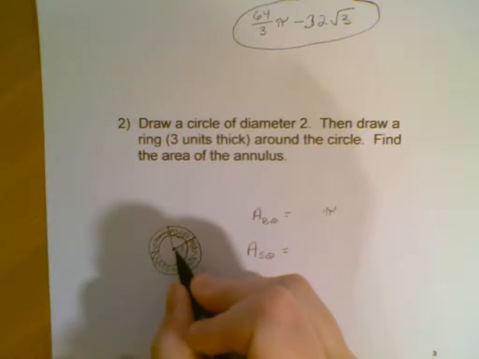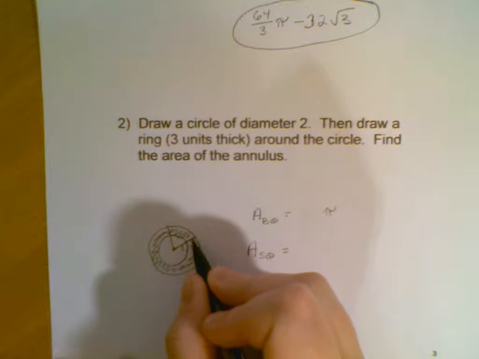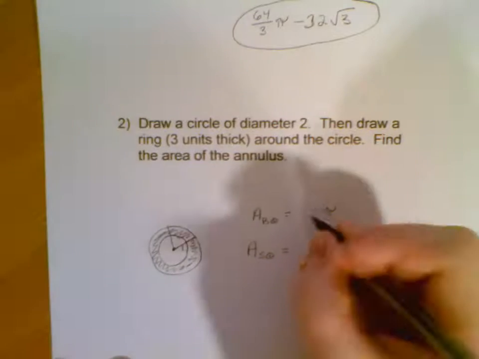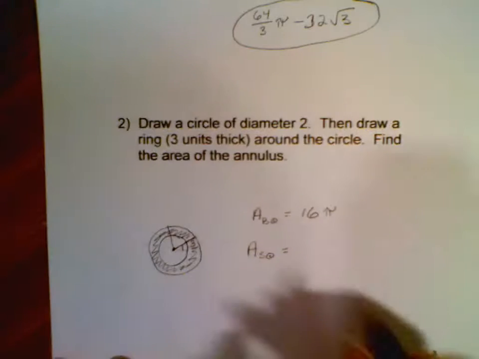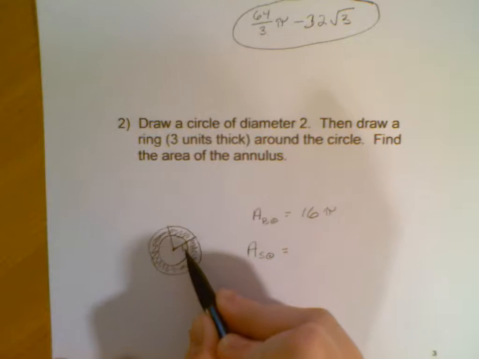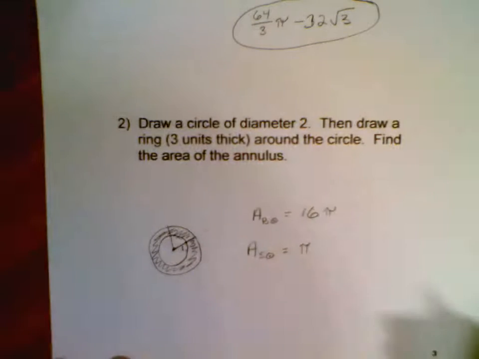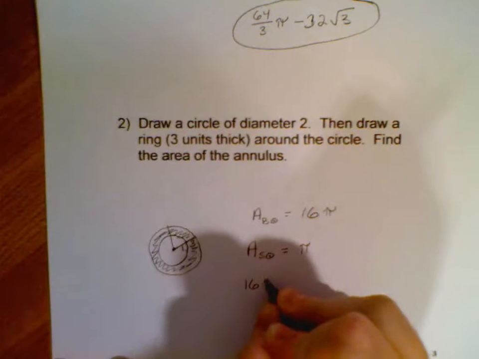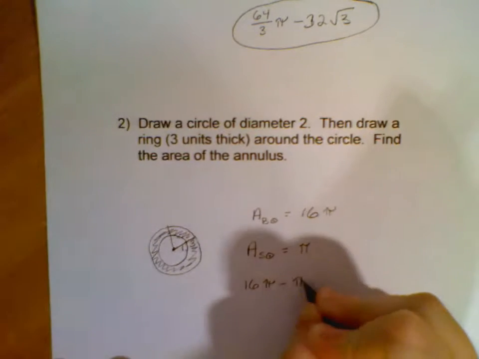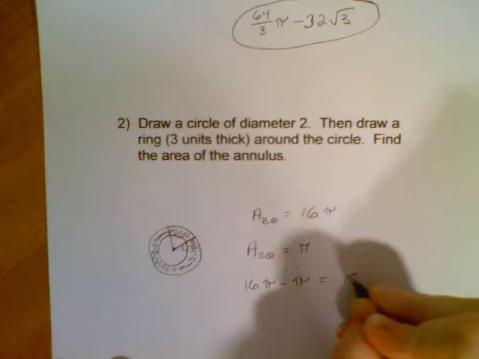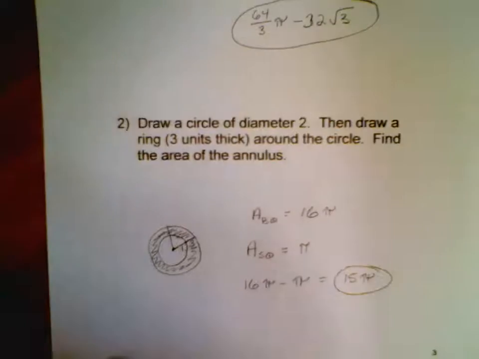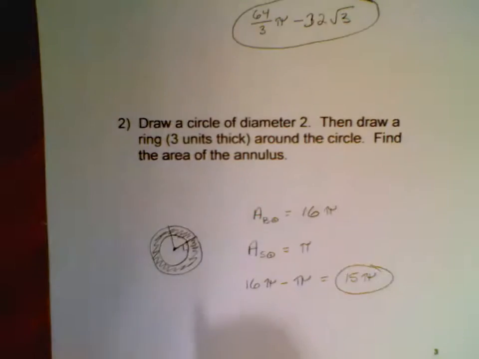So this has a radius of 4, so that's 16 pi. And then the small circle has a radius of 1, so that's just pi. Or 1 squared is 1, so that's 16 pi minus pi makes 15 pi. So there's the area of the shaded region.